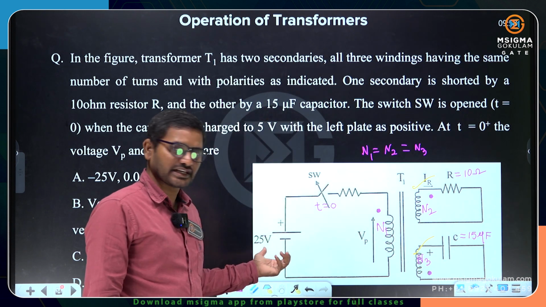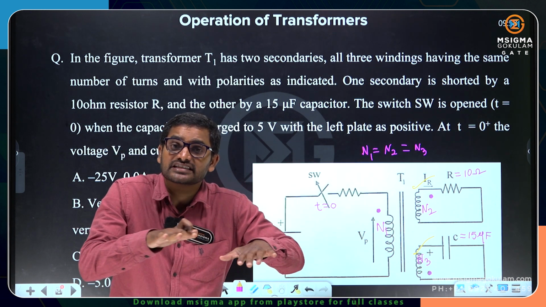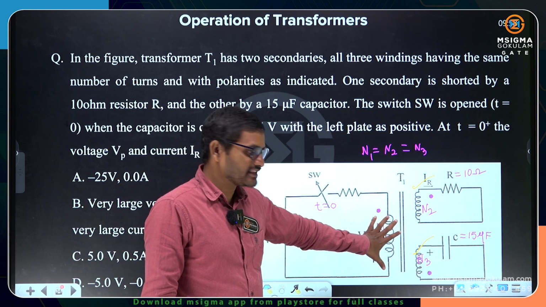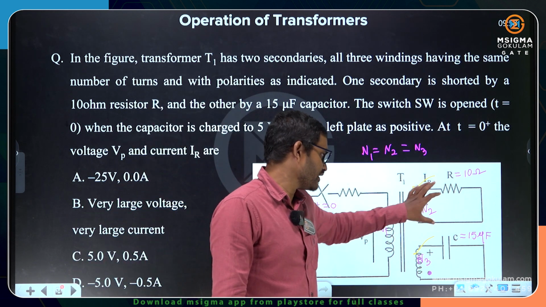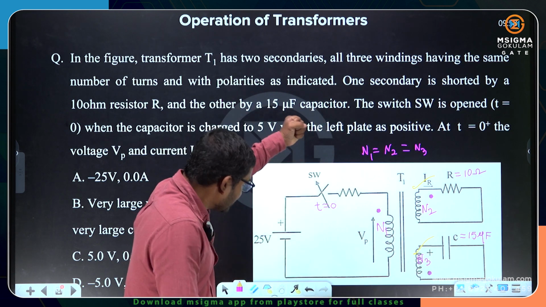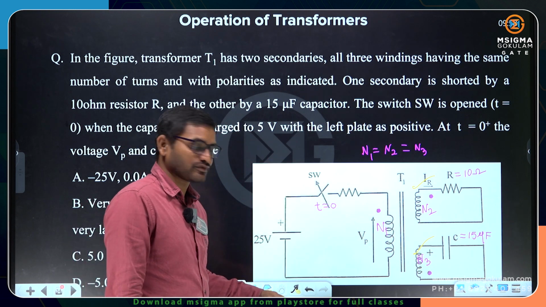As it is a constant current, constant flux linkages will be there. Because of constant flux linkages, the EMF in this winding is 0, and in this winding is also 0. But the moment when you close the switch, what will happen?